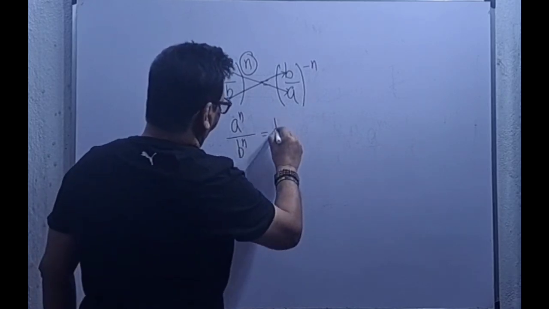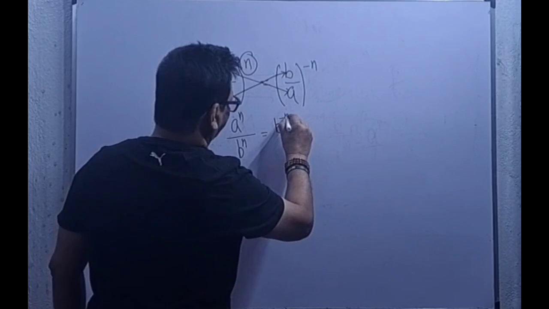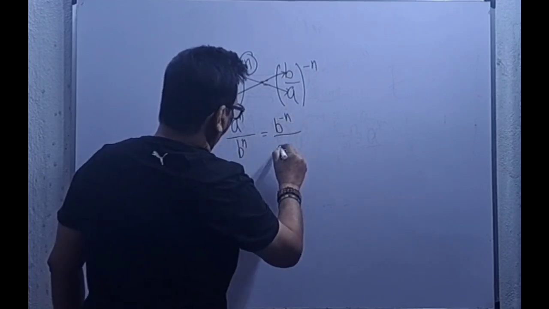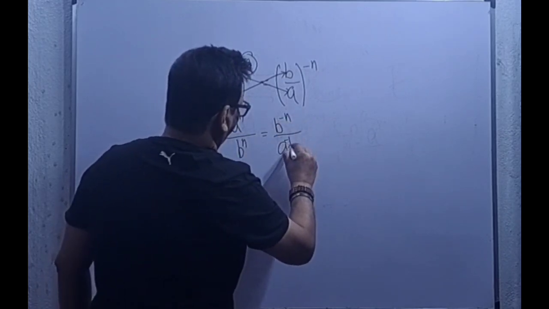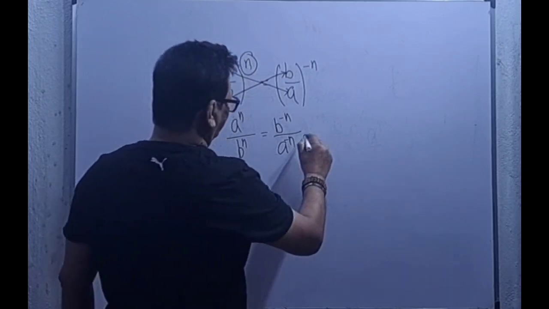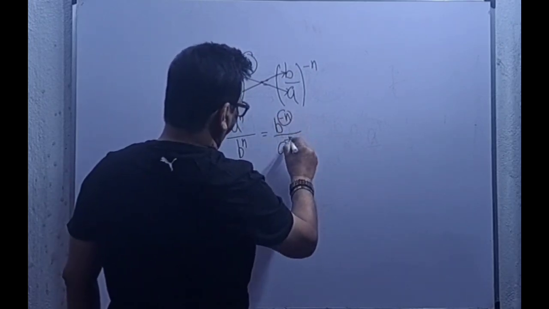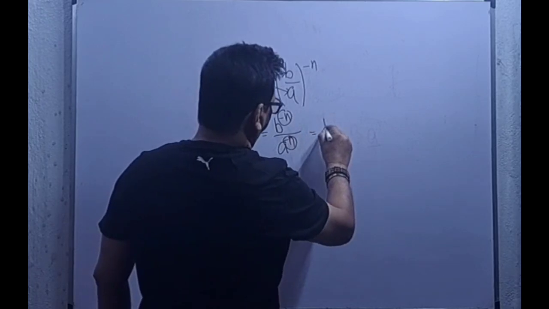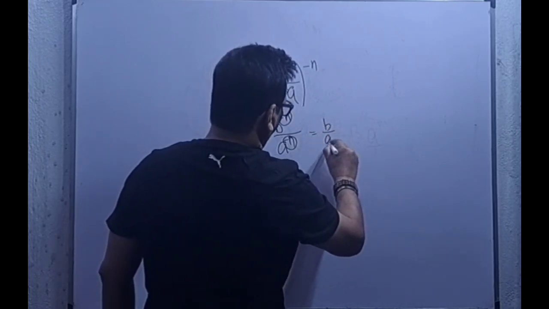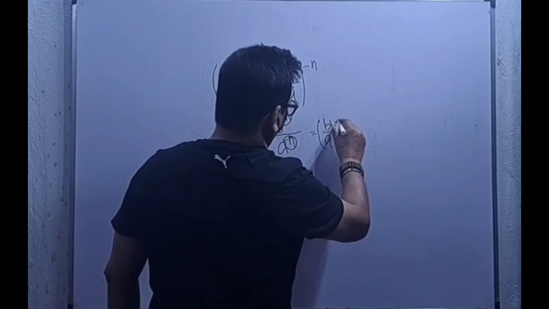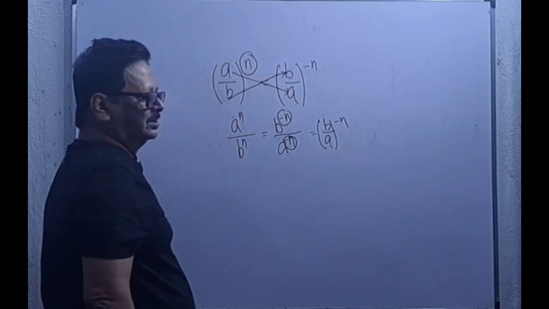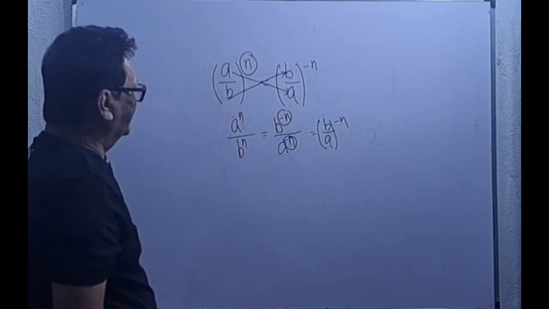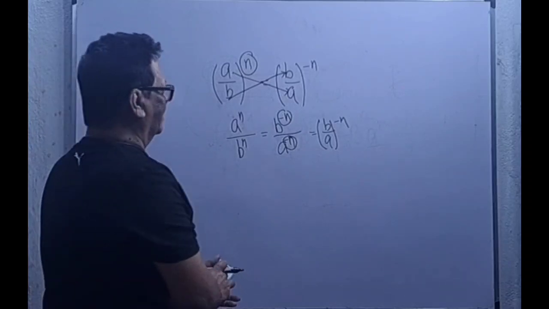When b goes up, it becomes b to the power of minus n, and a comes down, it becomes a to the power of minus n, right? So since the powers are same, we can write b by a to the power of minus n. Is it understood? Let us have a numerical example.